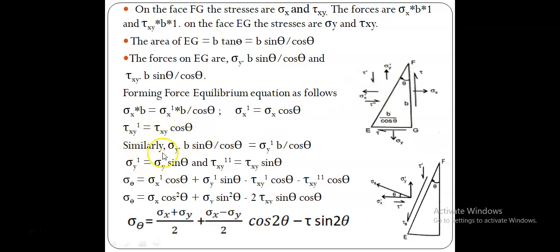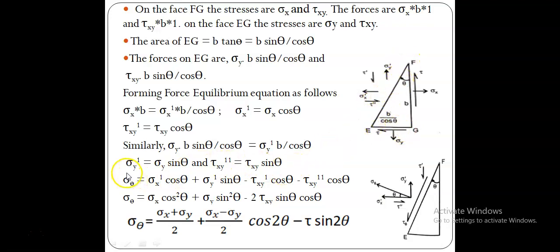Similarly, sigma y b sin theta by cos theta is equal to sigma y dash b by cos theta. Sigma y dash, the length of this inclined plane is b by cos theta. This is the inclined plane, its length becomes b by cos theta. This is b tan theta. This is b by cos theta.